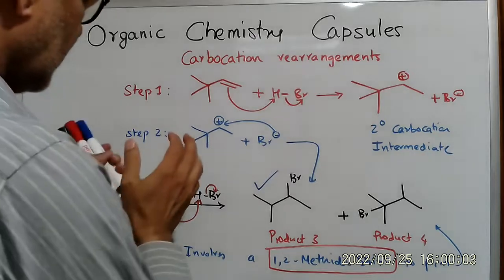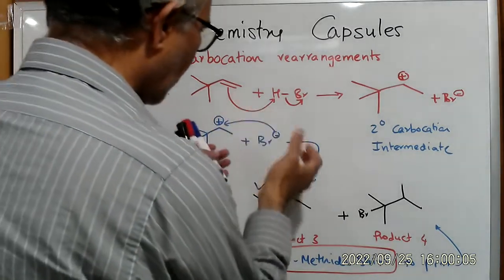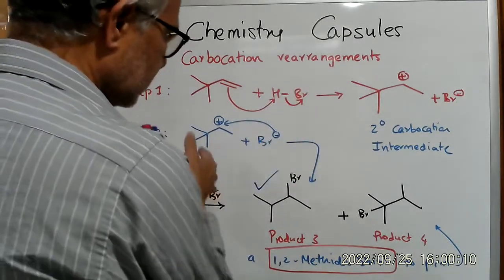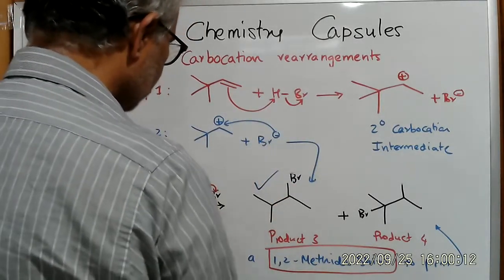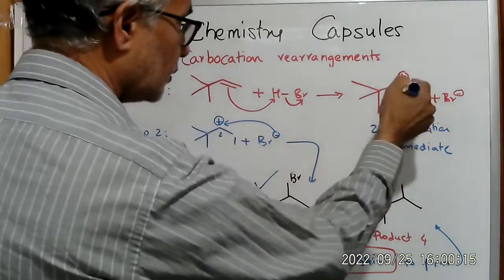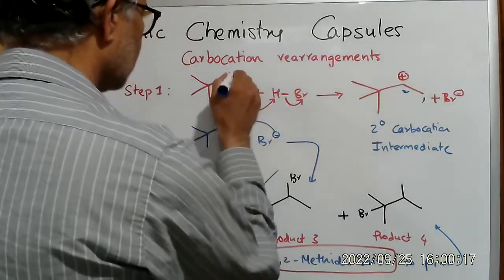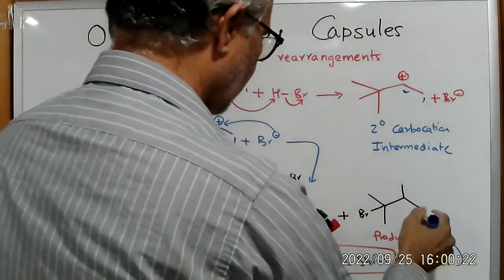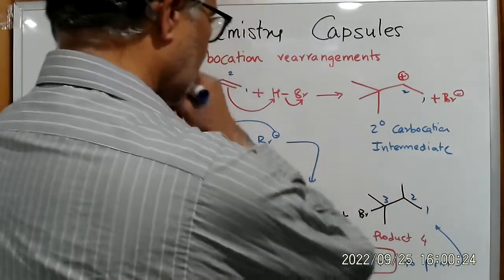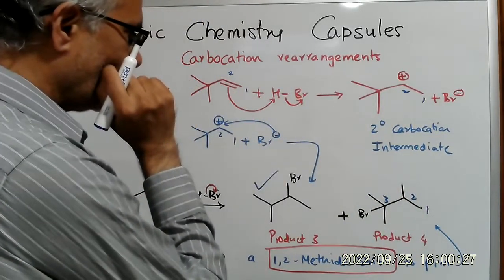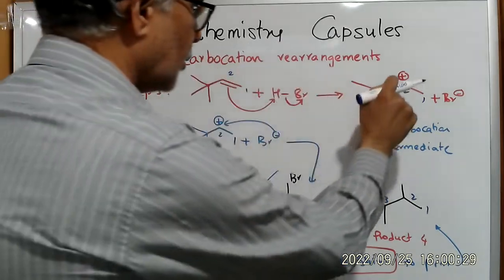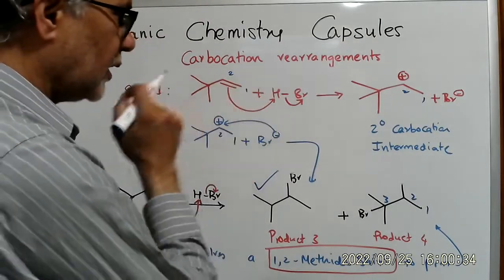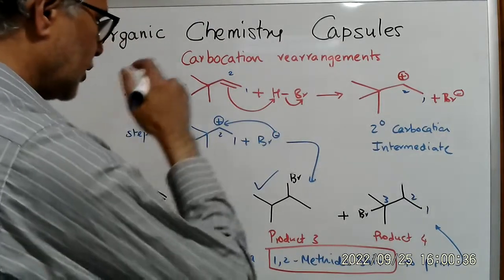Looking at step 2, the bromide captured the carbocation. The bromide appeared on carbon 2 because the initial carbocation is on carbon 2. But in the unexpected product, product 4, the bromine ended up on carbon 3. That means somehow the initially formed carbocation, which is a secondary carbocation, rearranged to form a tertiary carbocation.